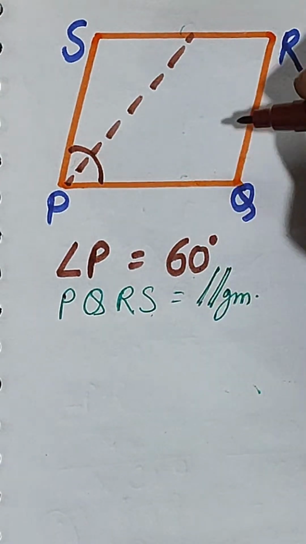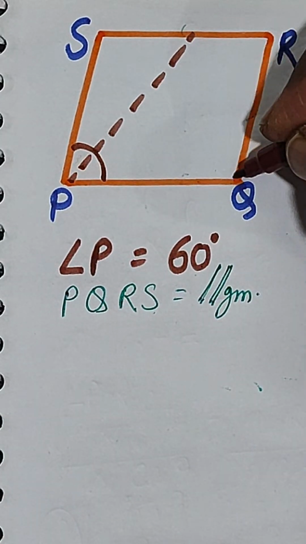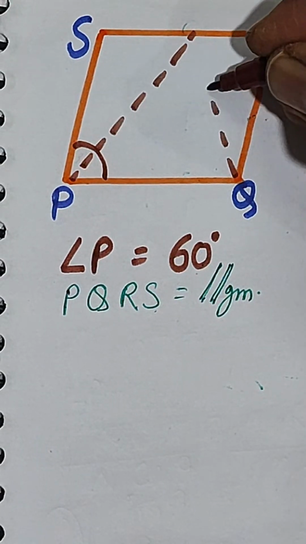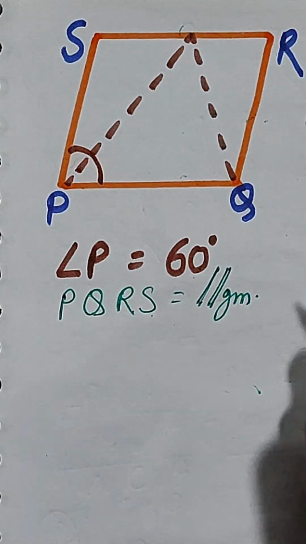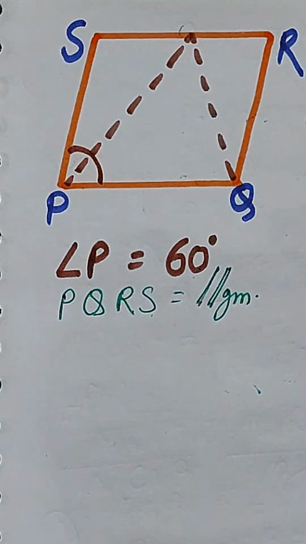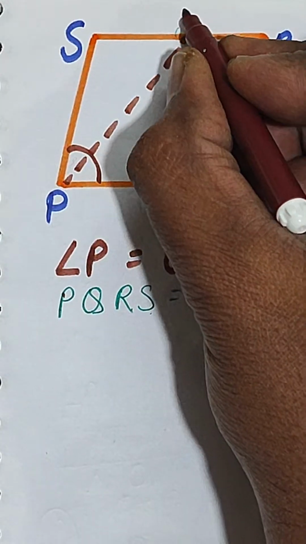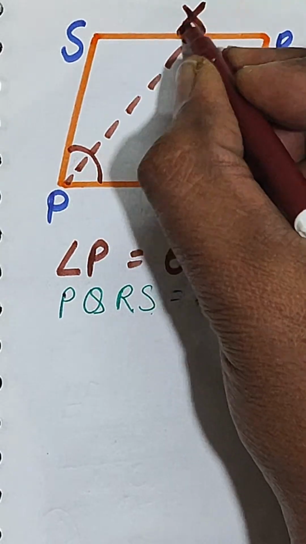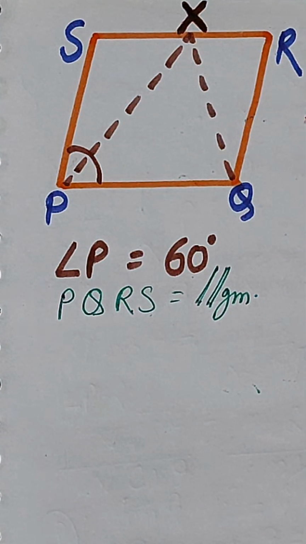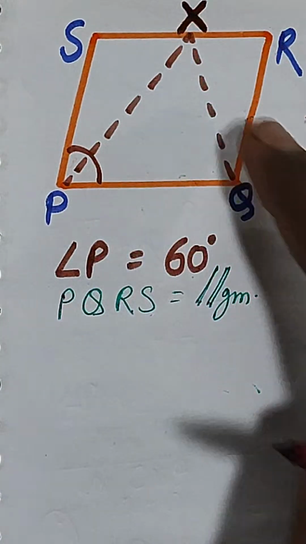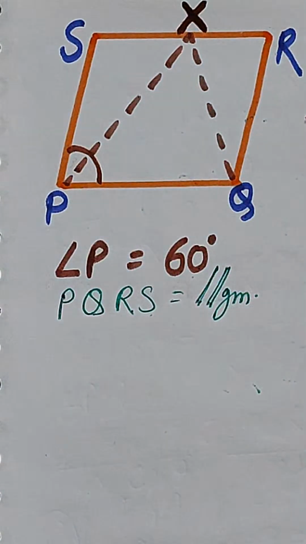This is the angle bisector of angle P. Similarly, this is the angle bisector of angle Q. That is, PX and QX are the two angle bisectors which meet at X on the line RS.